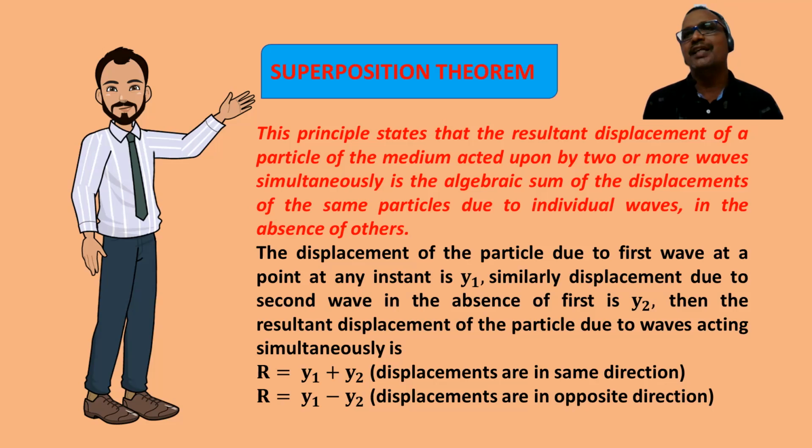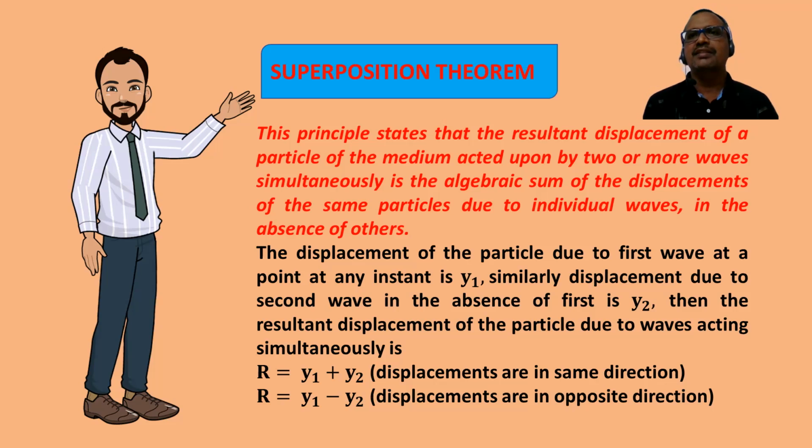In order to get the expression for the resultant displacement or amplitude or the resultant intensity, because the intensity of a wave is proportional to the square of the amplitude.